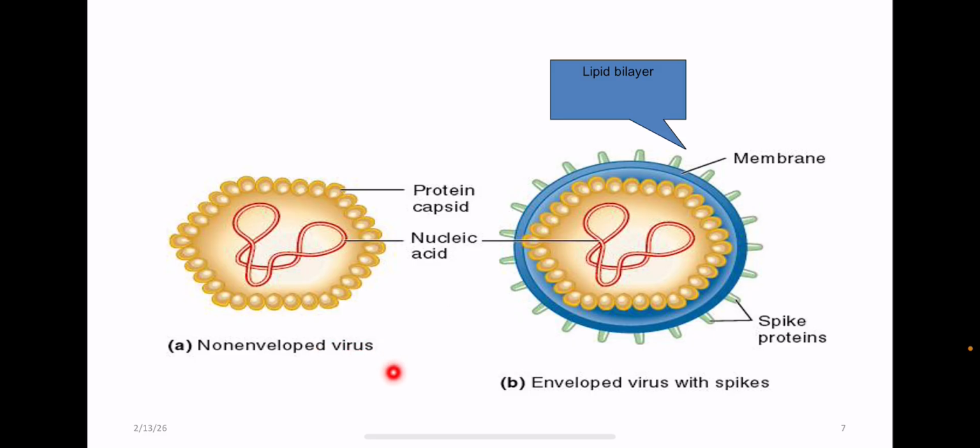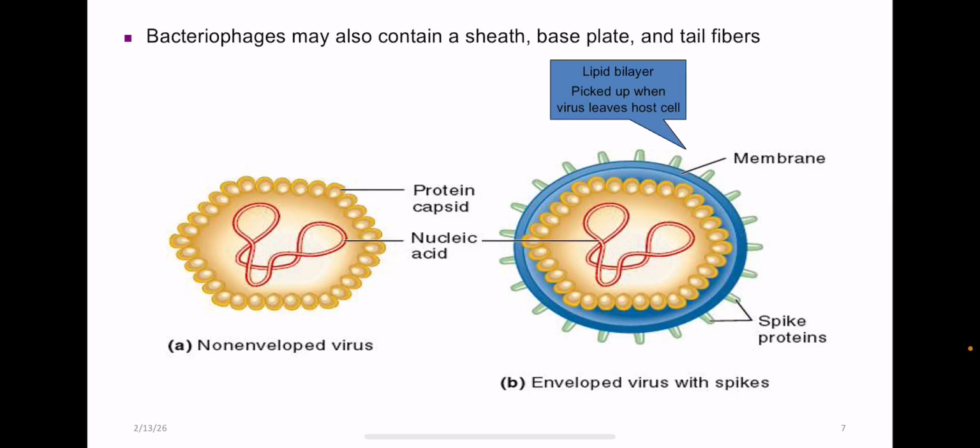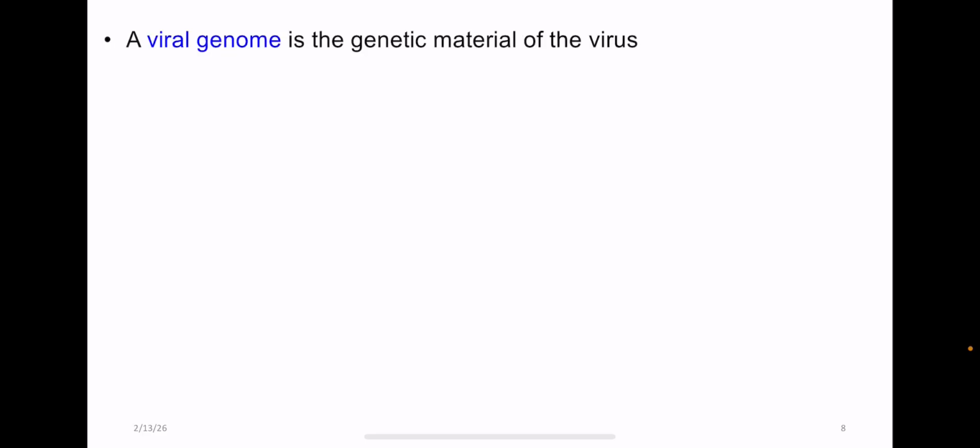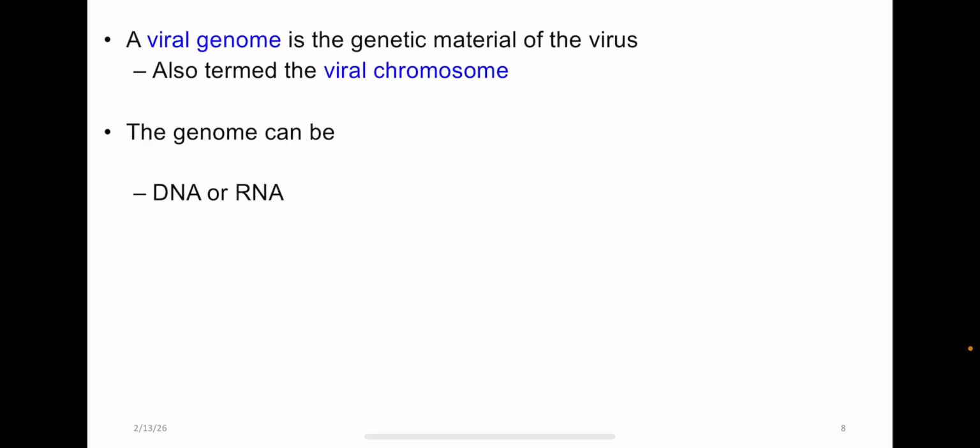Envelopes come in different forms, and some will have spike proteins. But the main important thing about the viral genome is whether their chromosome is linear or circular, and they are not fixed. A virus can have a linear or circular chromosome. The genetic material can be DNA or RNA, and it can be single-stranded or double-stranded. So nothing is really certain in viruses.